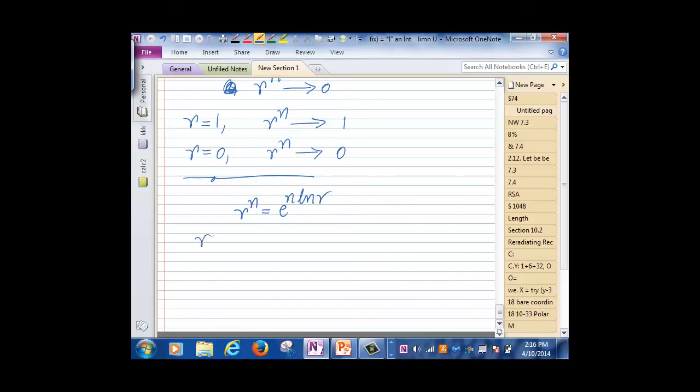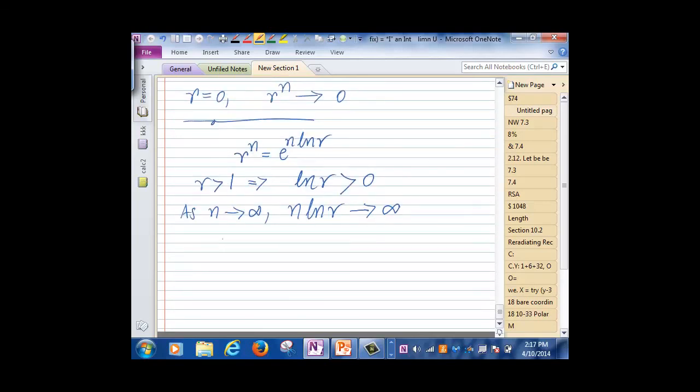Now, if r is larger than 1, then ln of r is what? Positive. So as n goes to infinity, n ln of r goes to infinity as well.